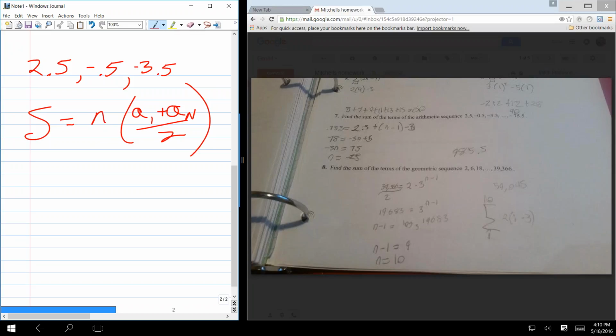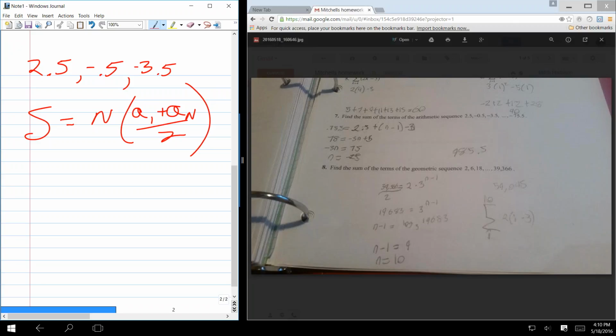Okay. All right. And we can figure out all of those things here. We can see what a sub 1 and a sub n is, right? They've listed both of those. Yeah. So the only thing we need to figure out is how many terms there are.